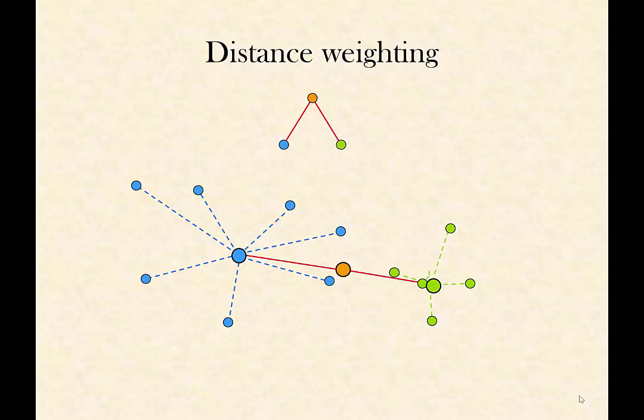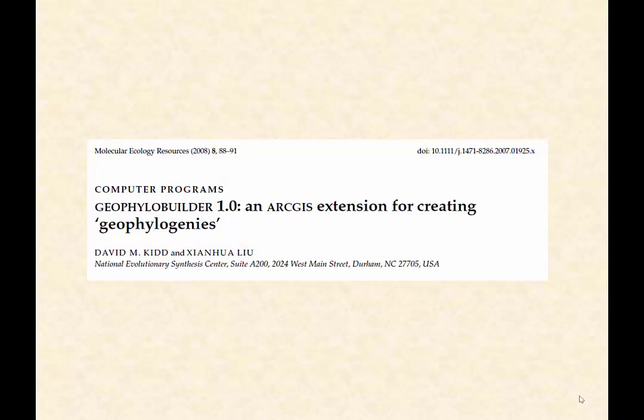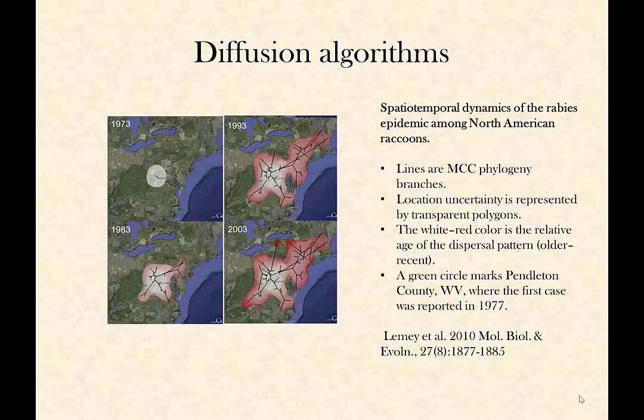We could do a variety of algorithms. While I was at NESCent, I wrote software that does this. There are also other people, who work in rabies transmission, who use diffusion models, Bayesian multi-criteria diffusion models and things like that, to locate the tips and internal nodes of their trees.